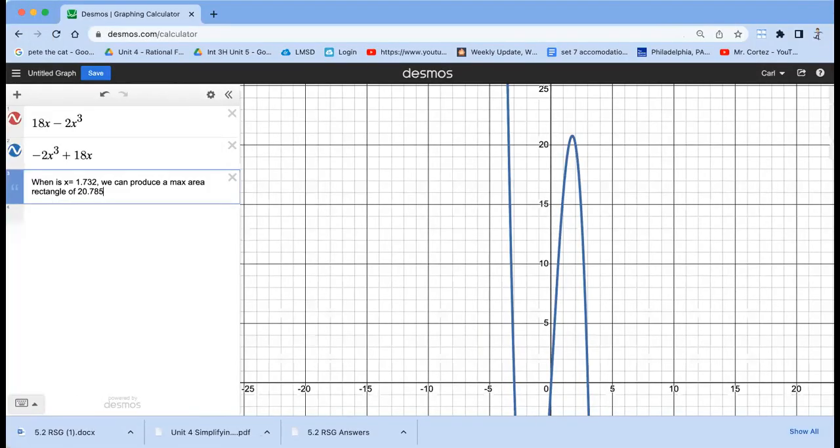And they don't give us units, so that's just going to be units squared. So why is that helpful? I can do a quick sketch when I jump back.